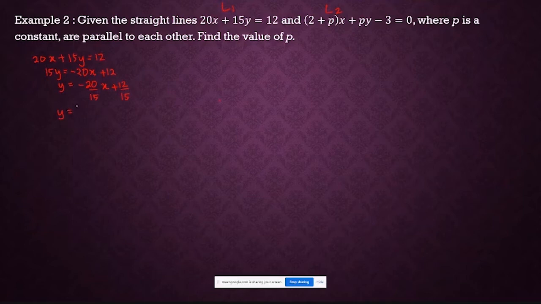Then 20 and 15 have a common factor, we can divide by 5.